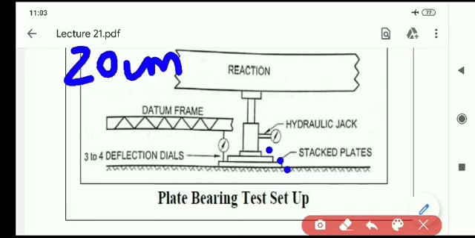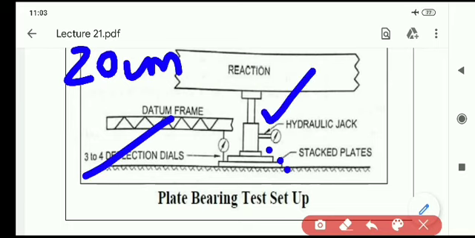The reaction frame is fitted with the action of hydraulic jack to the plates at the center, and these plates are connected with one more dial gauge through the datum frame, and the 3 to 4 dial gauges are used to measure the settlements here.